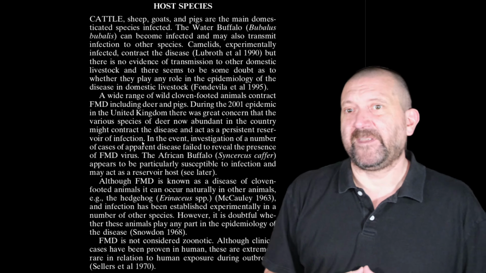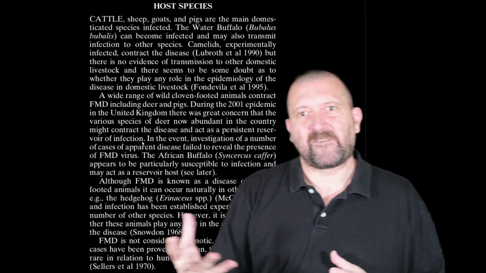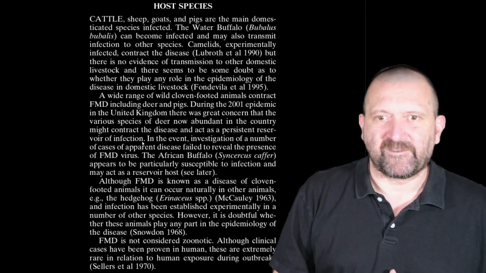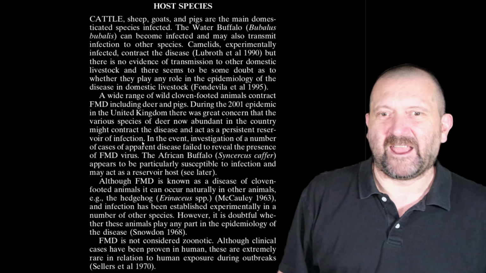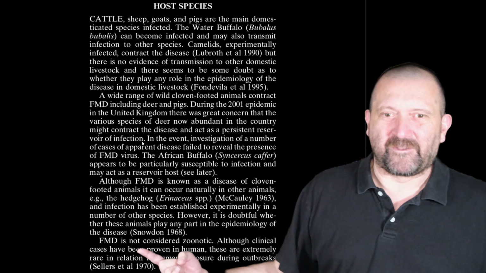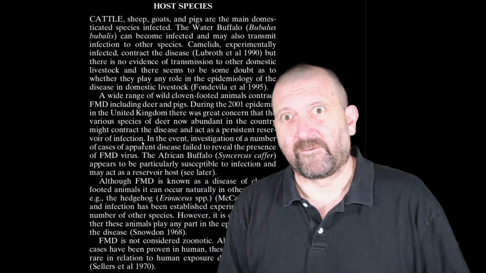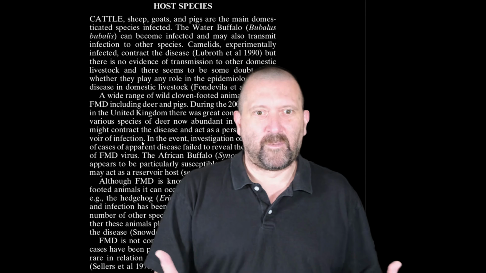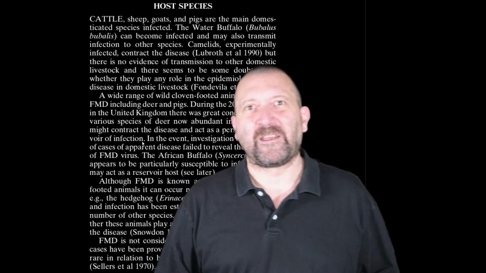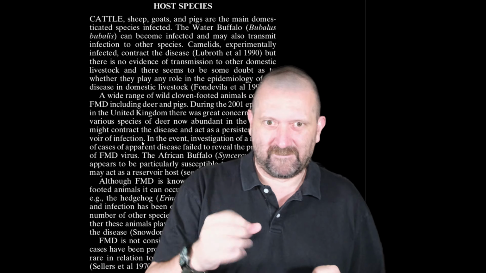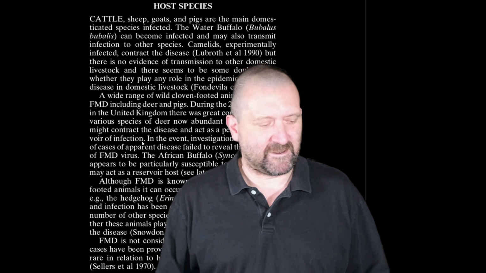So there's always that fear that these wild species will act as a reservoir for the disease. You can also have it in hedgehogs. It's not considered zoonotic, therefore it doesn't propagate to human beings, but human beings can be propagators. And again, when we look at spatial aspects in a later lecture, you will see that this is something that has to be taken into account.